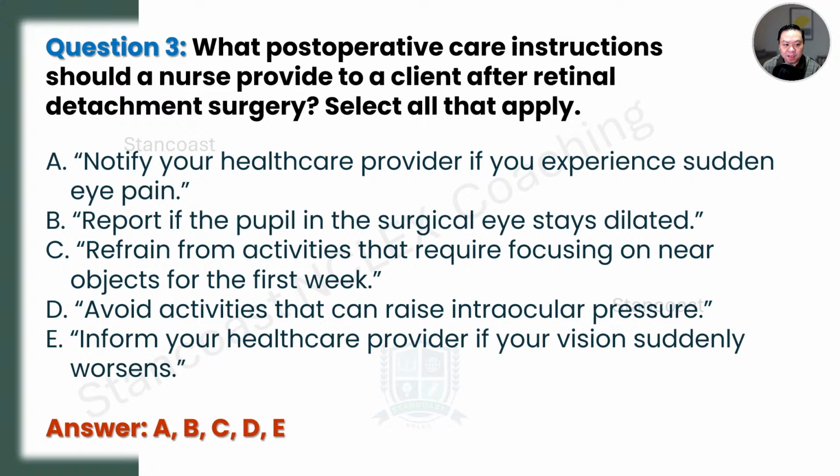Again, our focus in this test question is to remember what teaching should be shared with our patient, and to make sure that they know the possible complications, signs and symptoms of possible complications that might arise after they get the surgical procedure. So these are possible signs of intraocular pressure increase and also delayed, slowed healing of the operative site.